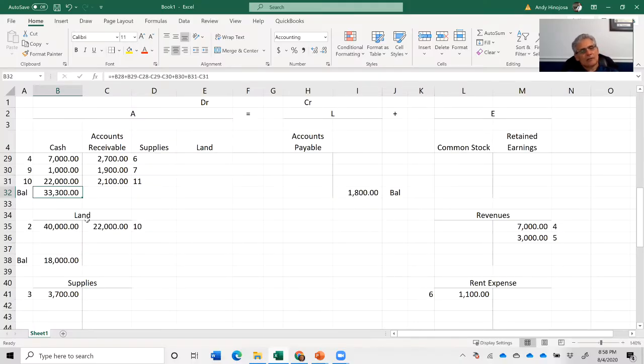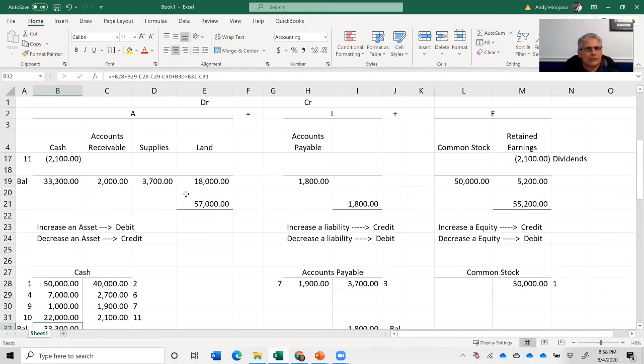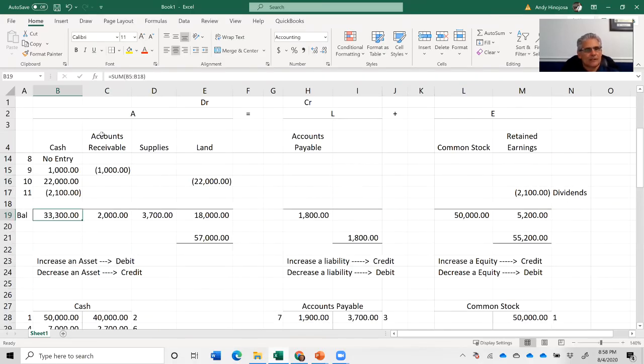So here are the accounts, and I'm going to confirm the balances. We updated the balances through columns above, but in the ledger accounts, we keep track of the balance and whether it's a debit or credit.